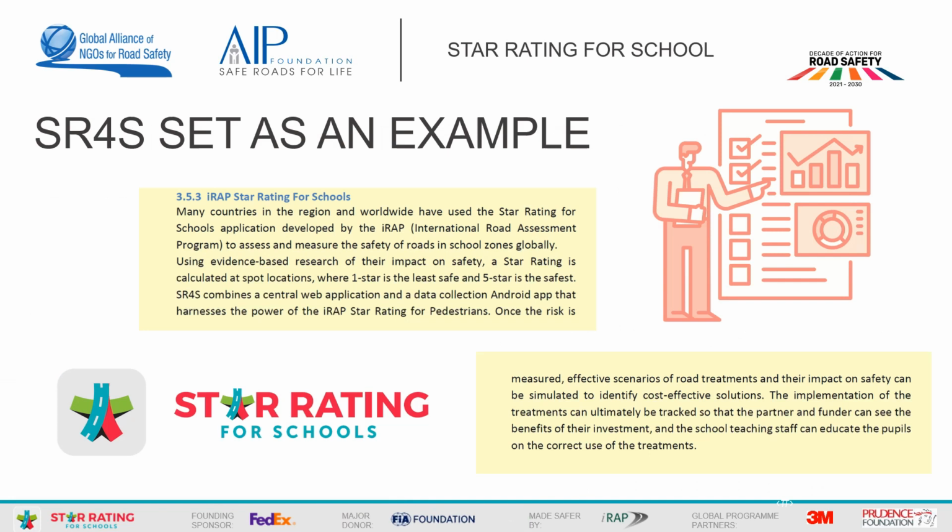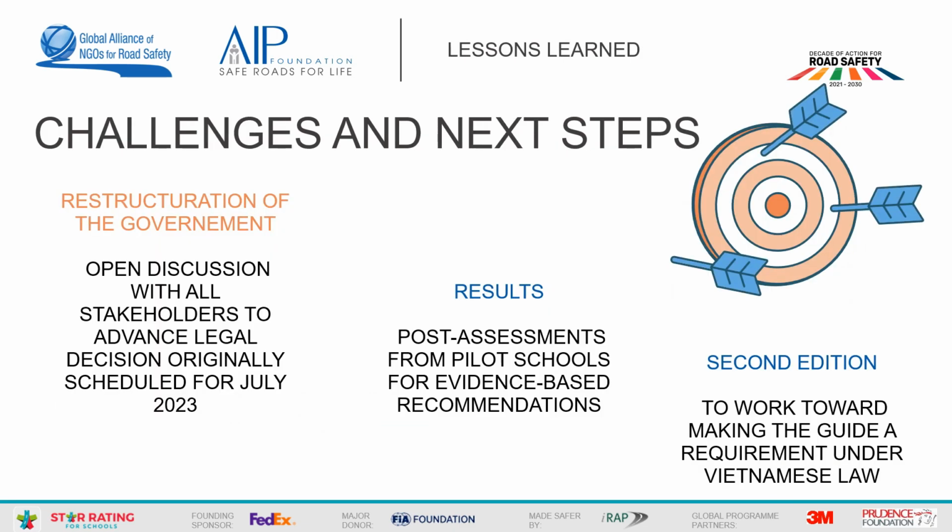This rating tool, developed by iRAP and that AIP Foundation is extensively using in several programs, has been recognized by the Vietnamese government, as you can see here on some screenshots of the draft guide, where they are mentioned in the guide itself.